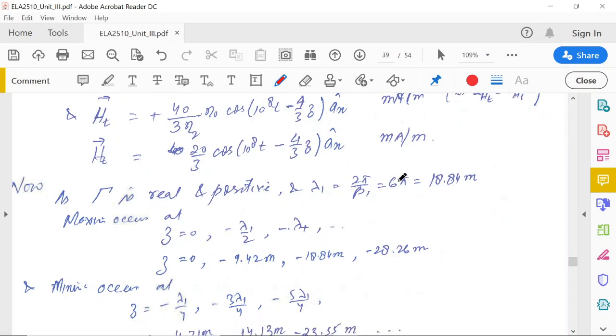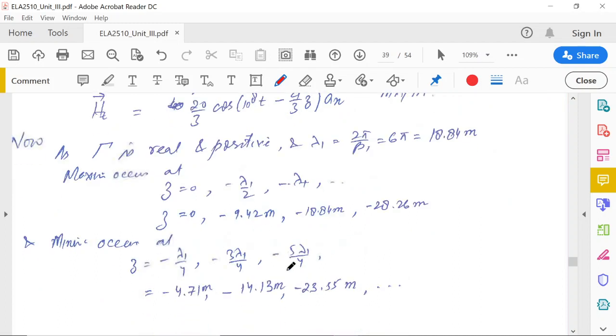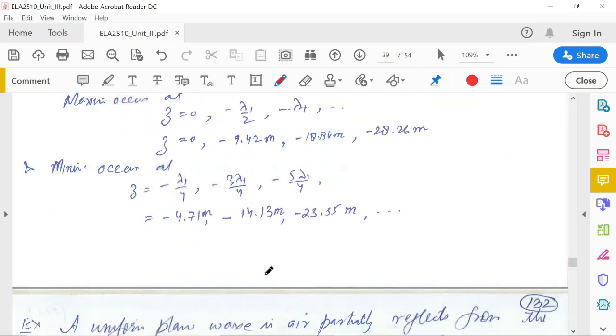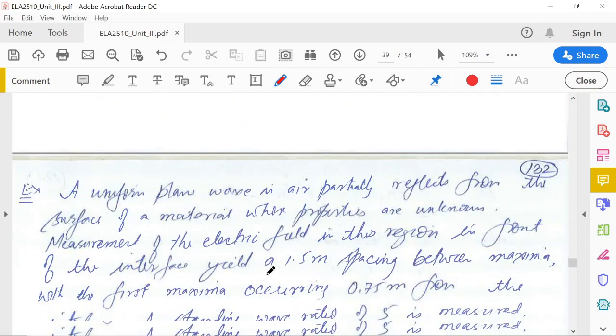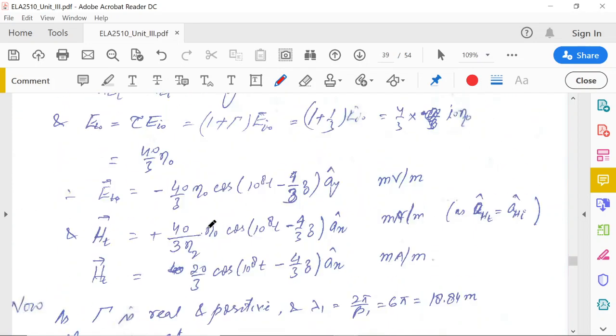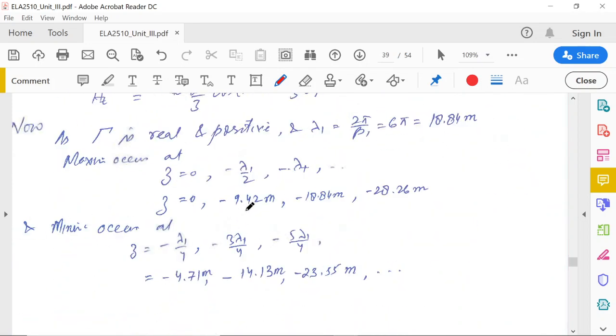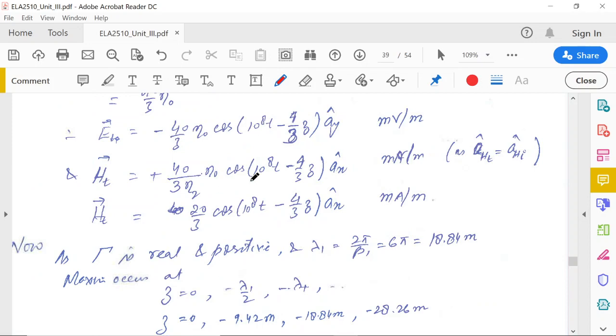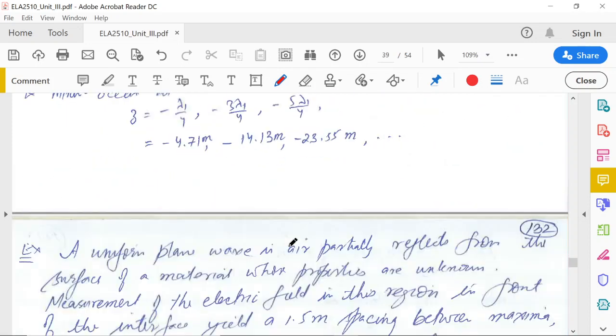You can find lambda 1 from here, you can find these value locations, and the minima will occur at these locations. So this is the concept to understand standing waves and the minima and maxima. You can also find the standing wave ratio: once you know gamma, you can find it.